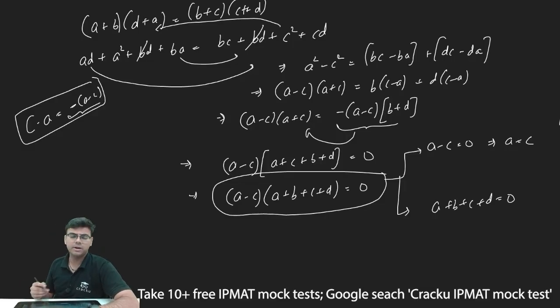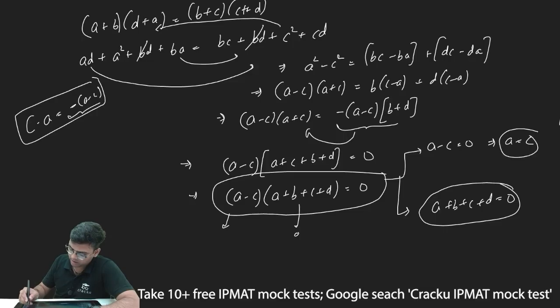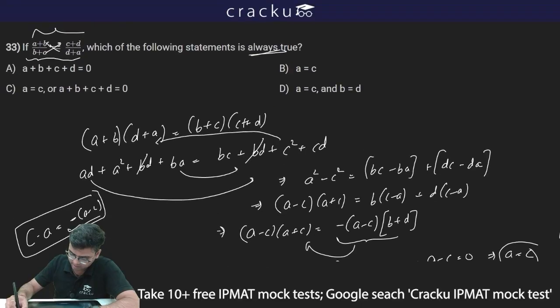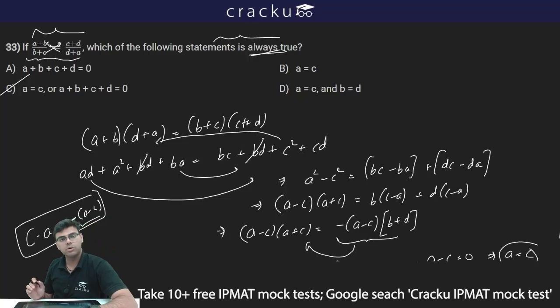Both can be 0 as well, but either of the two needs to be true: either a should be equal to c so that this becomes 0, or a + b + c + d, that is the sum of all four values, is equal to 0, then also the entire equation becomes 0. So these are the two possible conditions which satisfy this equation, and thus I can say the correct answer is: it is always true when a is equal to c or a + b + c + d is equal to 0.